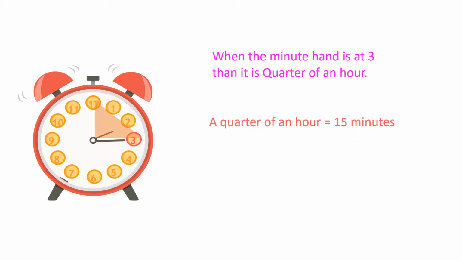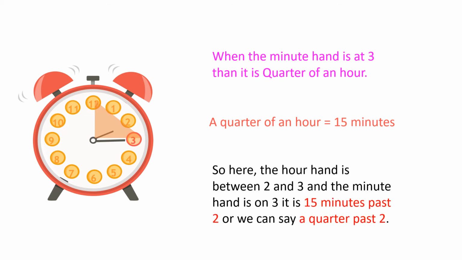A quarter of an hour is equal to 15 minutes. So here the hour hand is between 2 and 3 and the minute hand is on 3. It is 15 minutes past 2, or we can say a quarter past 2.